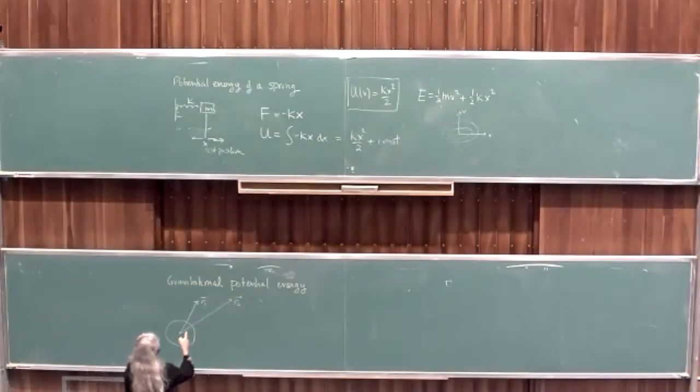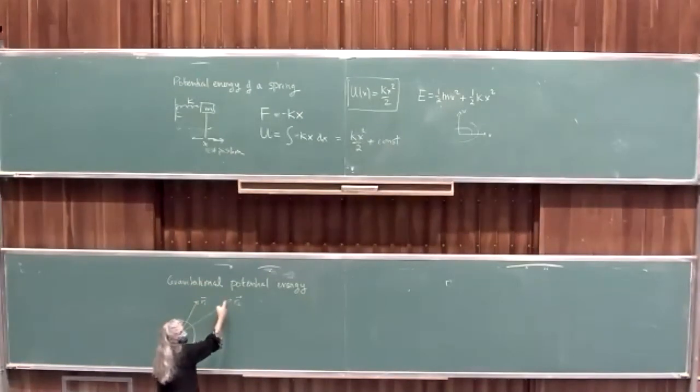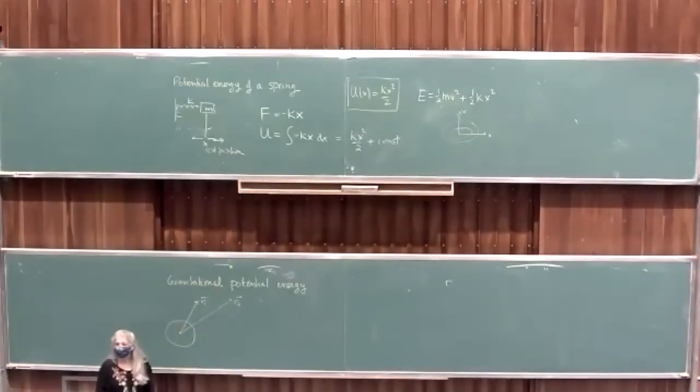If I know the velocity here and the potential energy here, and I want to know the new velocity, I can figure it out by doing exactly what we did before: energy is constant, you know the potential energies for both positions, you know the kinetic energy in one of them, and you can figure out the kinetic energy in the other.